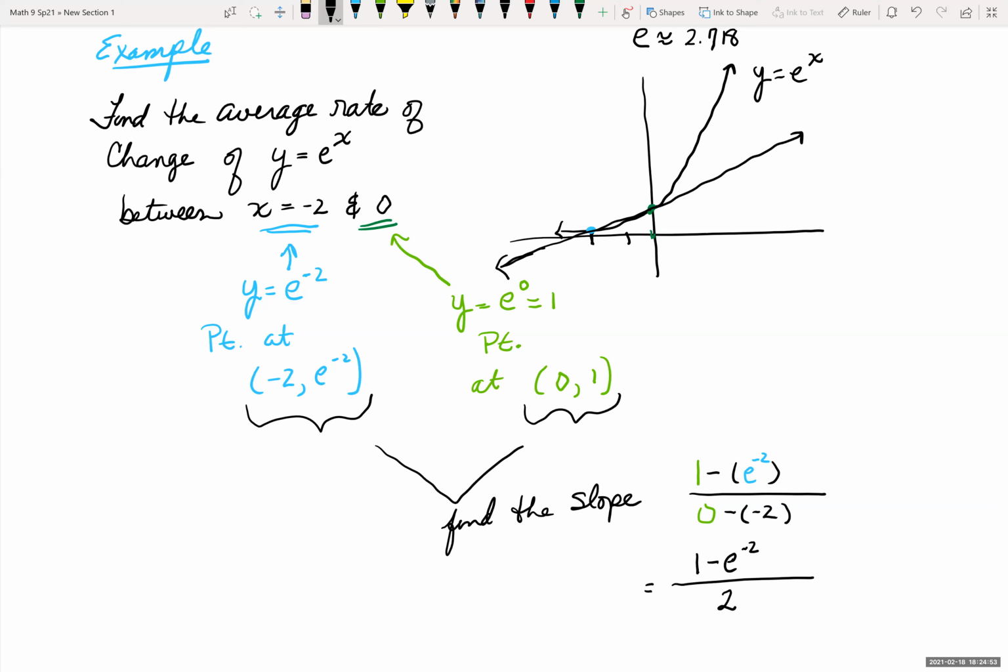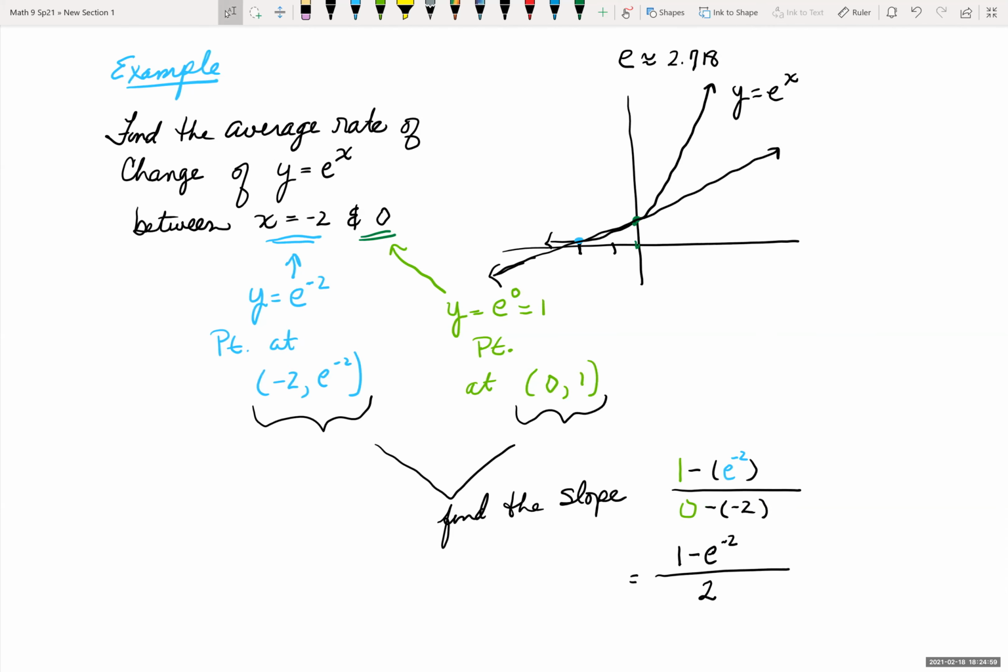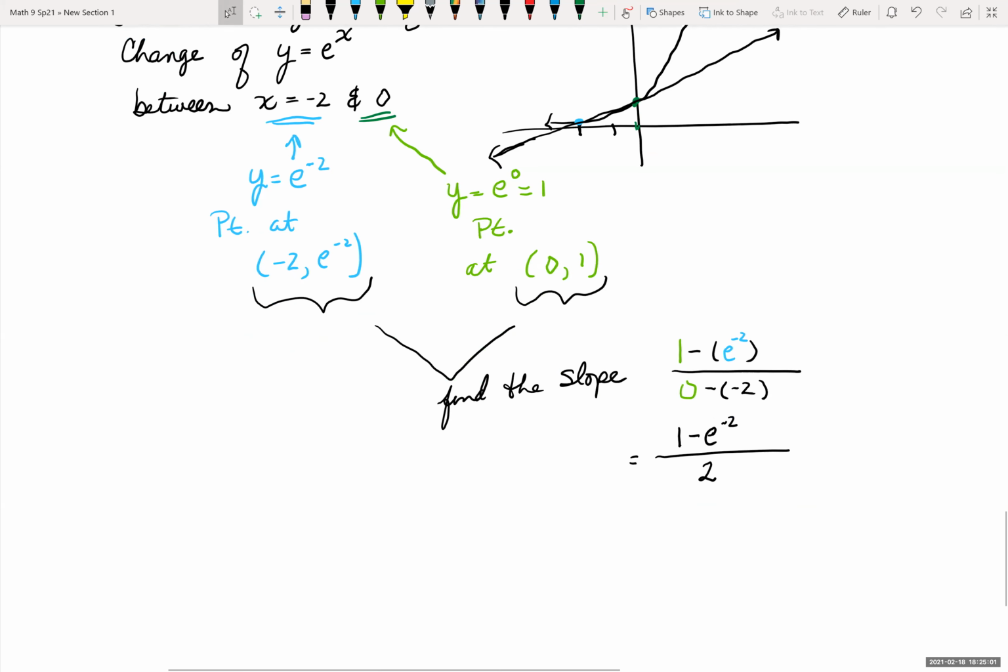If you were to throw this in the calculator, you need to be careful that if you're going to put it in all at once, you need parentheses around certain things. So in the calculator, you're going to put parentheses around the whole numerator, 1 minus. You should have some E button on your calculator.